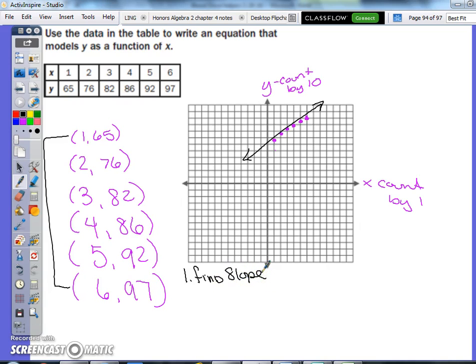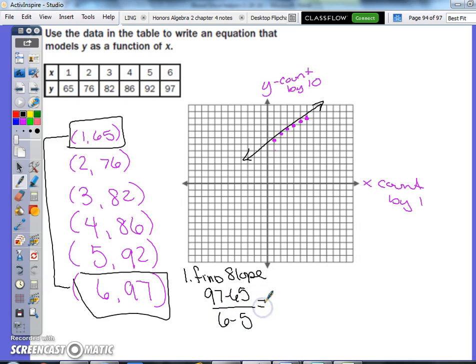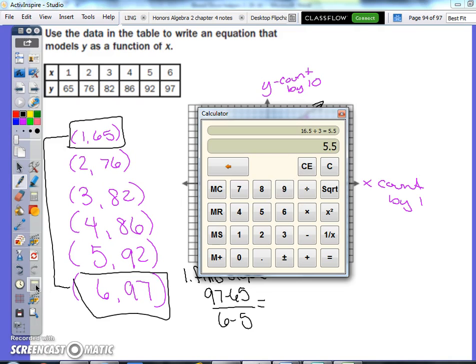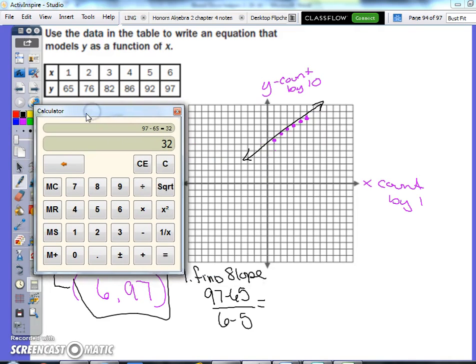So it's going to be, now again, we're using the first point and the last point. So we're going to say 97 minus 65 over 6 minus 5. Get your calculator out because you're going to need it. 97 minus 65, so that gives you 32 over 6, not 6 minus 5, 6 minus 1.